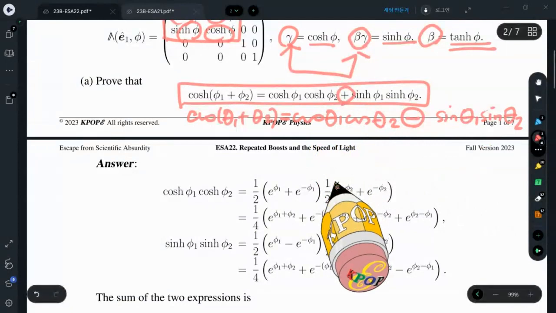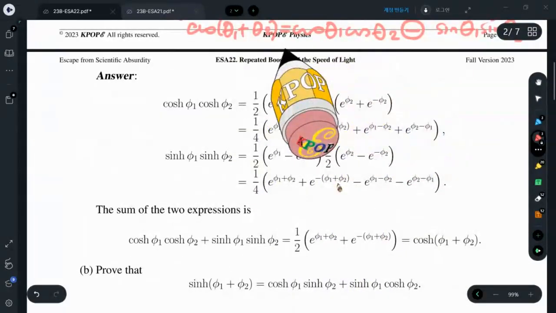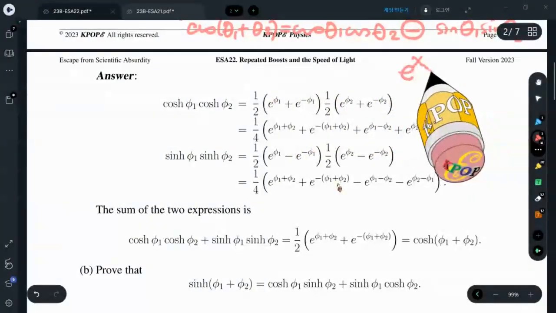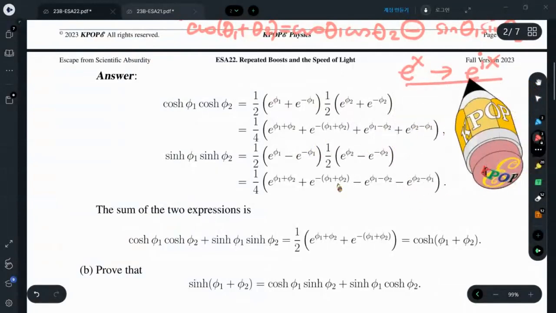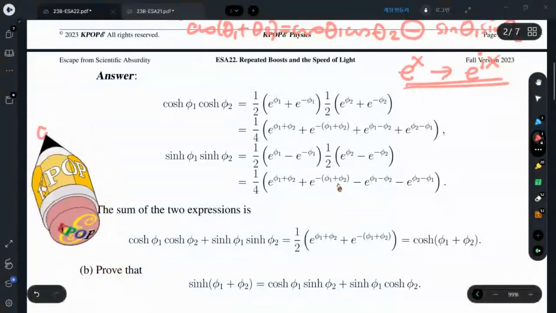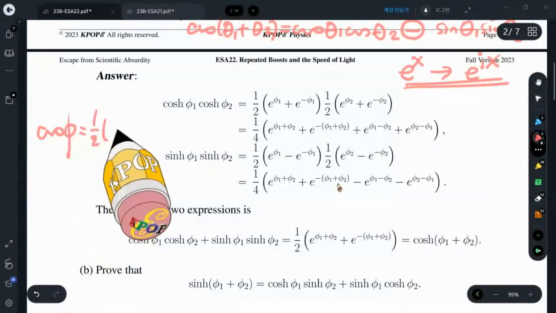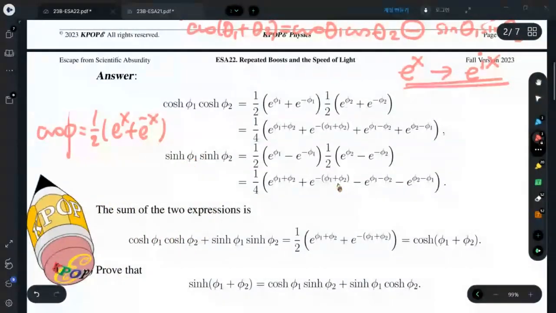It comes from the analytic continuation from the exponential function e to the x to e to the ix. The reason is that hyperbolic cosine is defined by this.